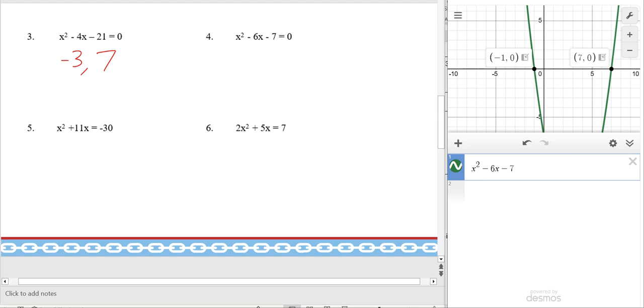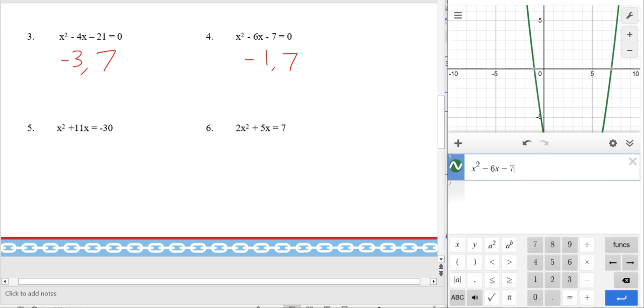And I see that I have solutions at negative 1 and 7. x squared plus 11x, I should add over the 30, right?